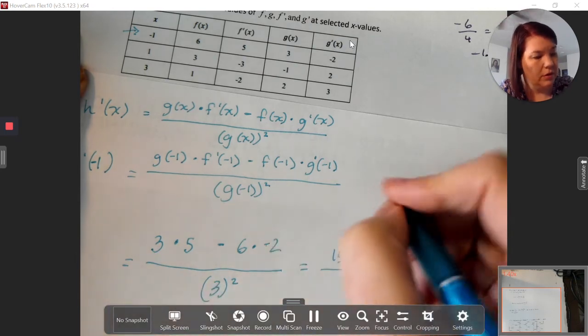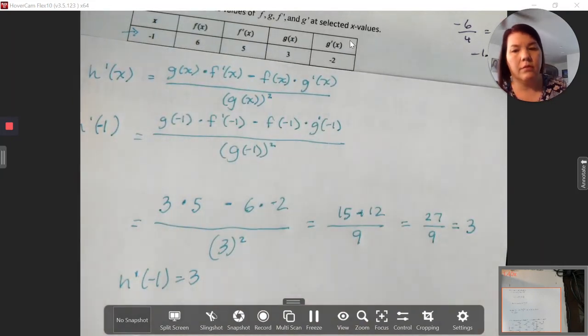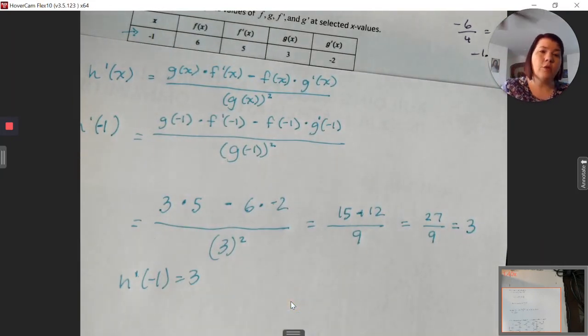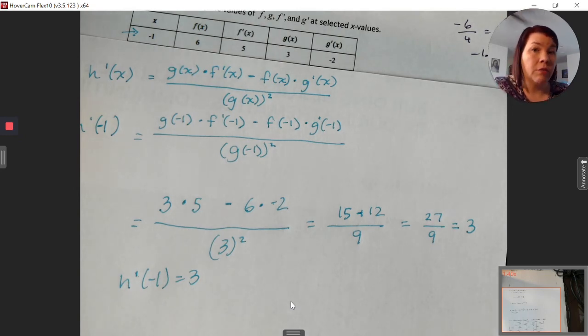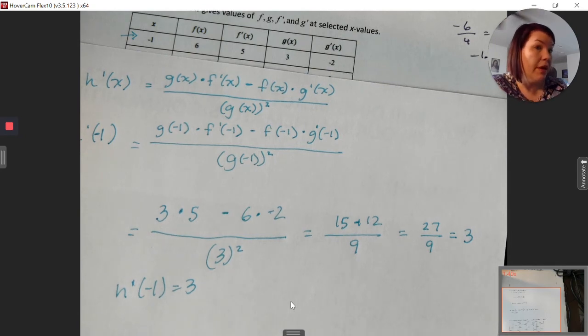So h prime of negative 1 is equal to 3. These kinds of questions are the ways we ask to see if you know a rule and if you can read the table. So it's kind of a dual thing that we get to practice with on you, and it allows us to make a problem so you can't use photomath and all those things.